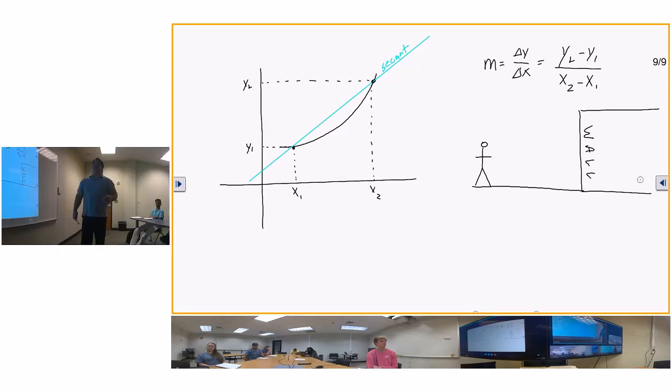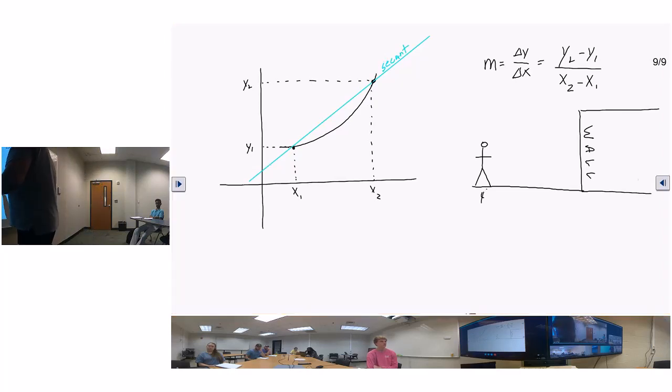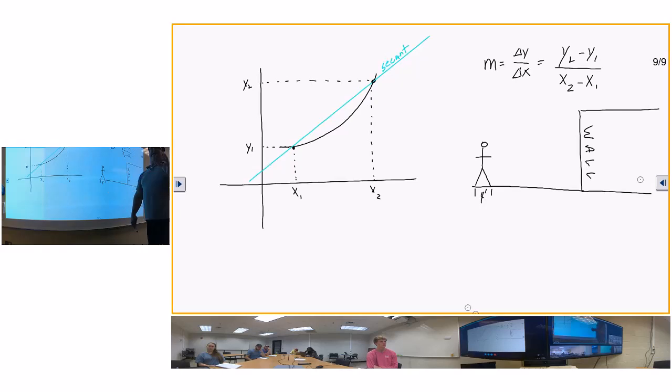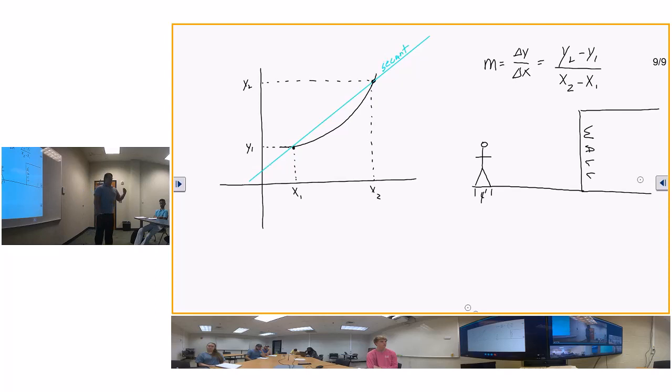Let's say you have a stride of 4 feet. Everybody with me? My directions to you are to take a step toward that wall, but only take half of the previous step. So what will the next stride be?